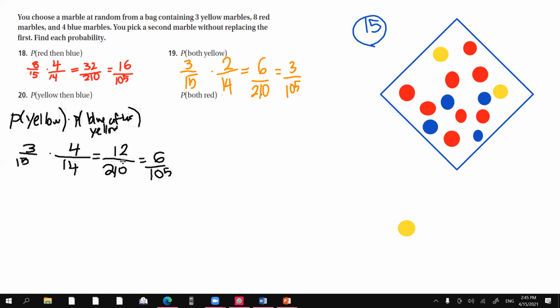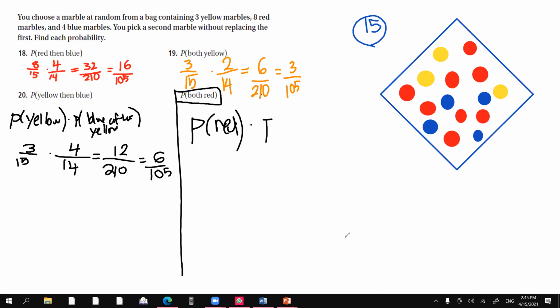Now, the last part here, the probability of getting both of them red. It is the probability of getting red times the probability of getting red after the first red.